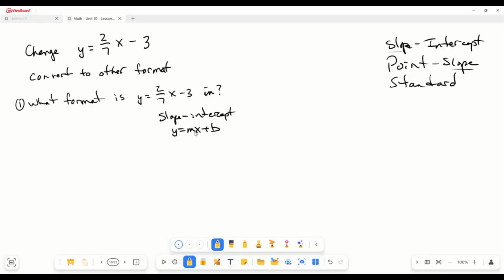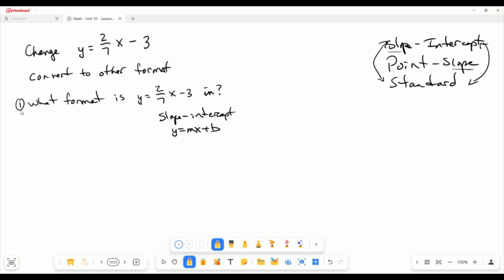We want to change it into standard form. Those are the two we go back and forth with. We don't change these into point slope. Could you say either or, standard form or slope intercept?